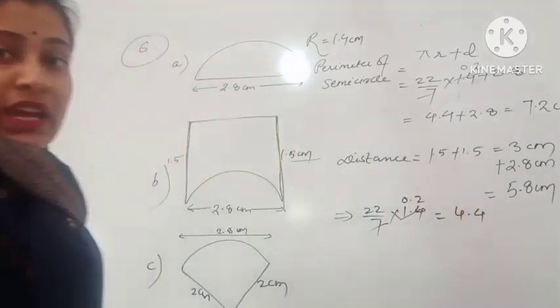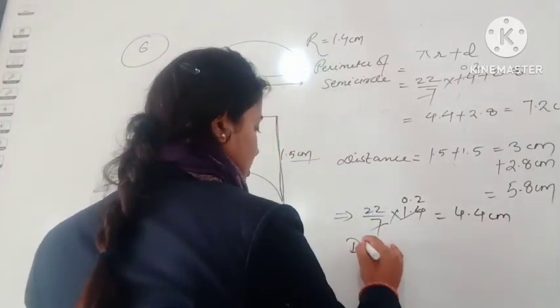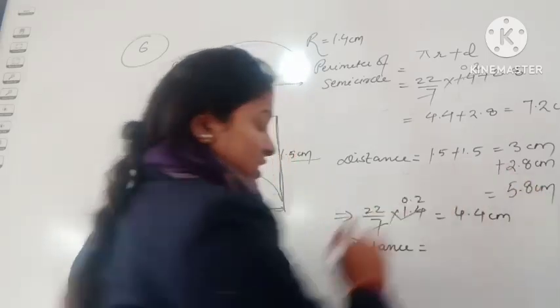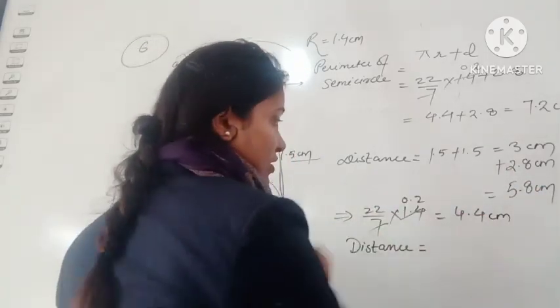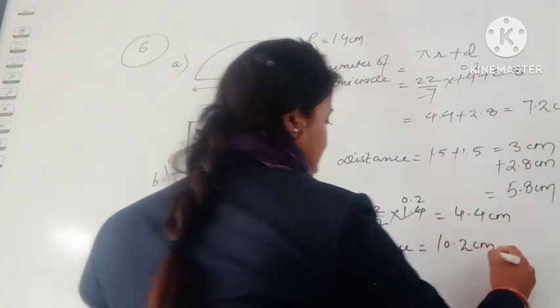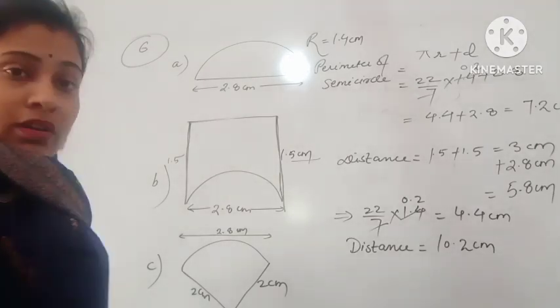Now, what is the total distance travelled? The total distance travelled by the ant will be 5.8 plus 4.4, that will give you 10.2 centimeter. This is the distance travelled by the ant in figure B.